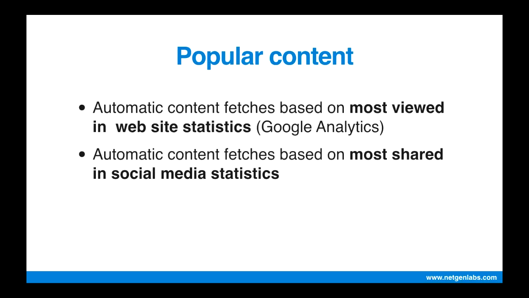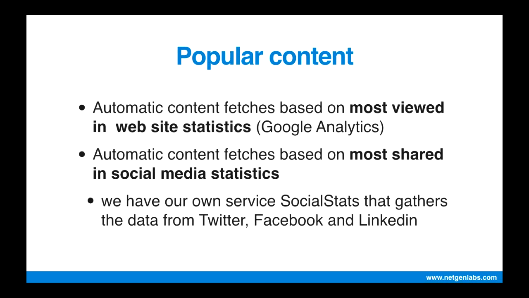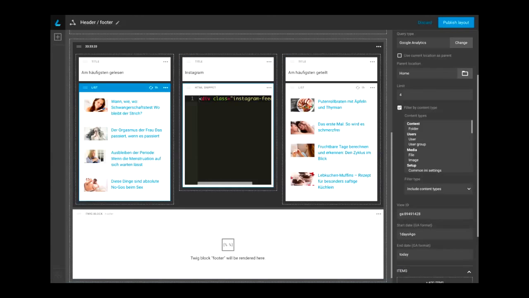Another example is automatic content fetches based on most shared in social media statistics. For that, we needed to create a completely independent service, which we call Social Stats, that gathers the data from Twitter, Facebook, and LinkedIn. So we have an integration of Layouts and this service. And this is how it looks.